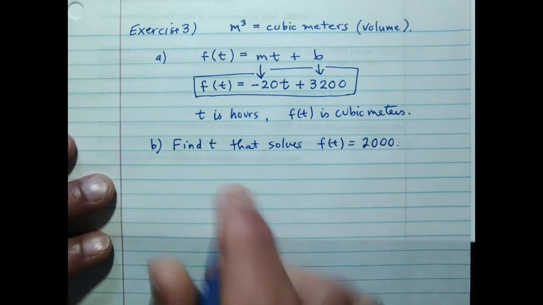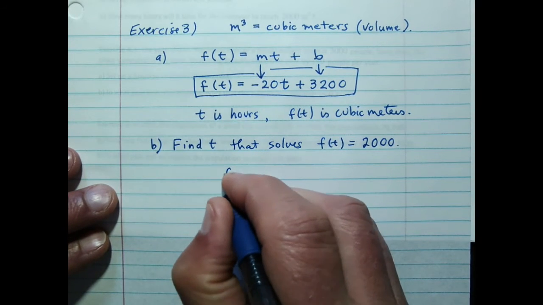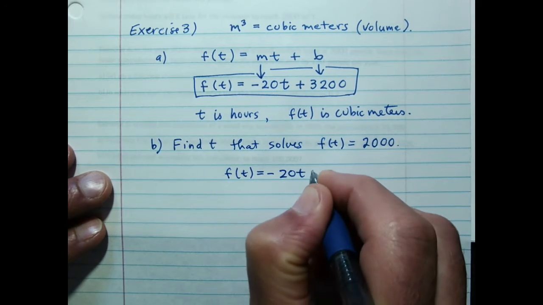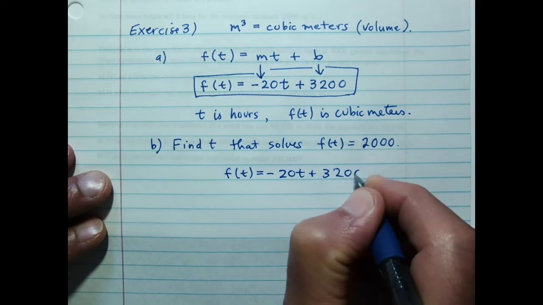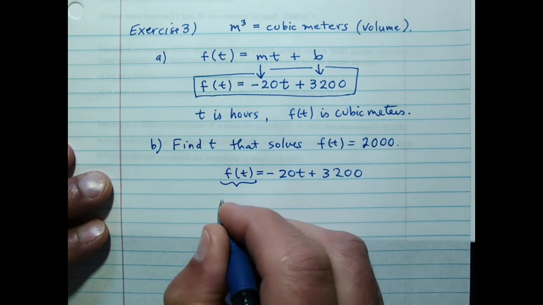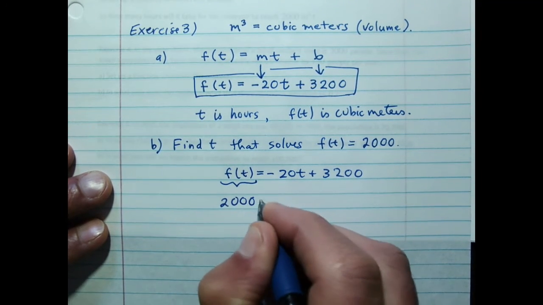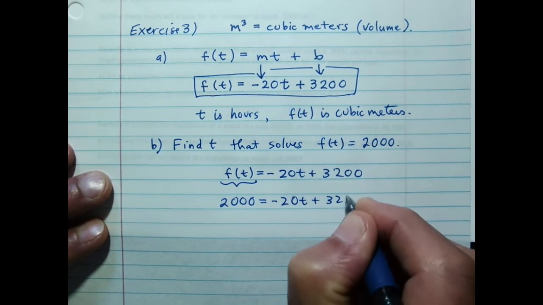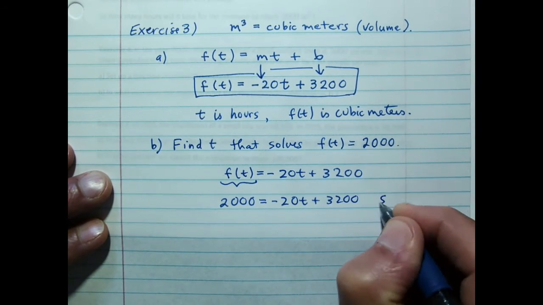So we take our formula, and I'm going to replace the f of t output with this value, 2,000, and we have to solve for t.